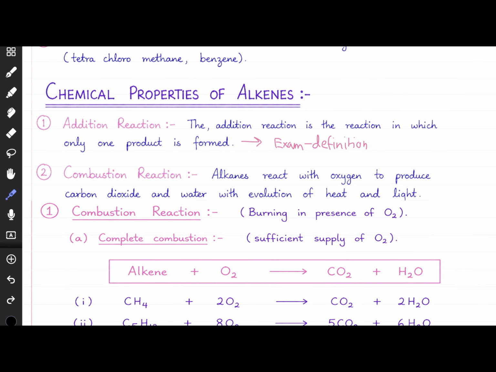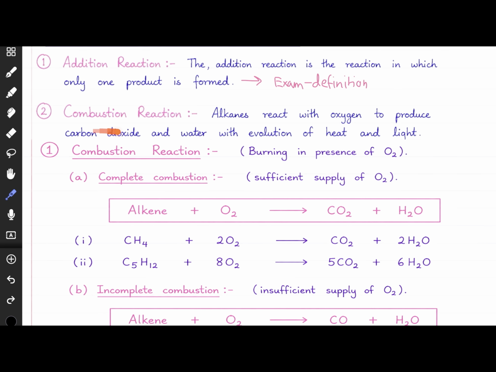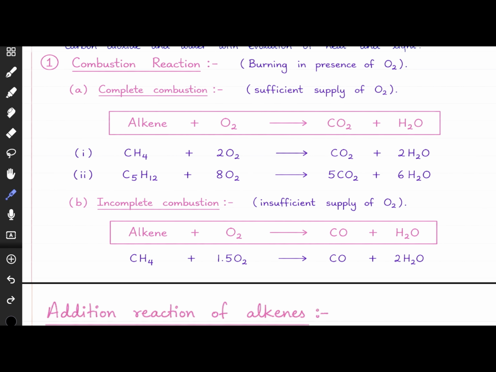Alright, so the second chemical property is the combustion reaction, in which alkenes react with oxygen to produce carbon dioxide and water with the evolution of heat and light. The combustion reaction is further broken down into 2 types, the complete combustion and the incomplete combustion. The complete combustion occurs in a sufficient supply of oxygen, whereas the incomplete combustion occurs in an insufficient supply of oxygen.